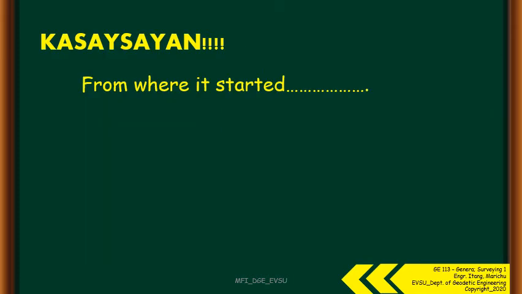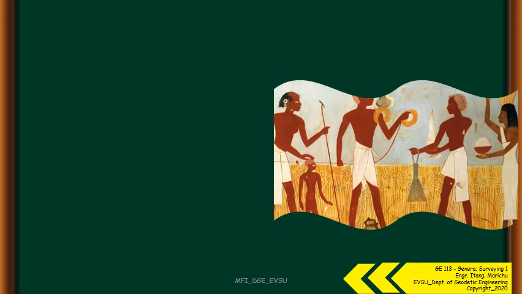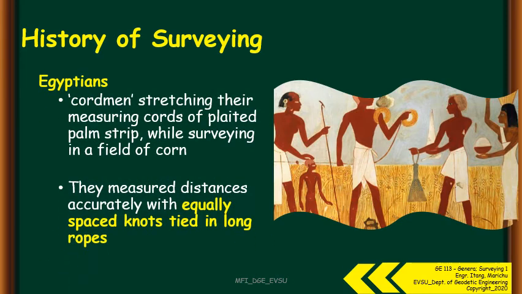Okay, let's begin with the history of surveying, from where it started. This is what you see. They are called cordmen, the Egyptians. Cordmen were stretching their measuring cord, a rope or palm strip, while surveying the field of corn.